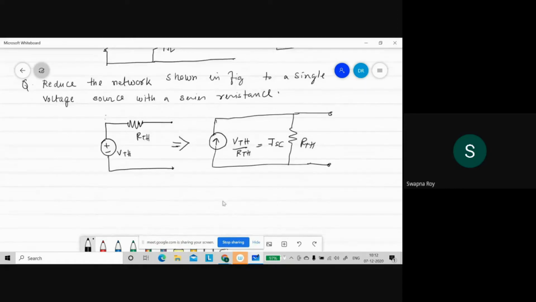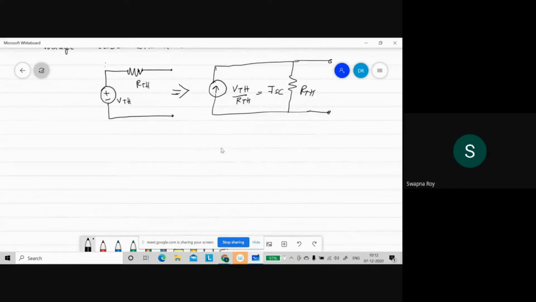Another concept is required to understand. We can add the voltage sources when they are in series. This is V1, this is V2, which is equal to an equivalent voltage source V1 plus V2.